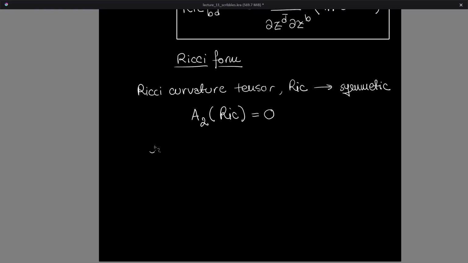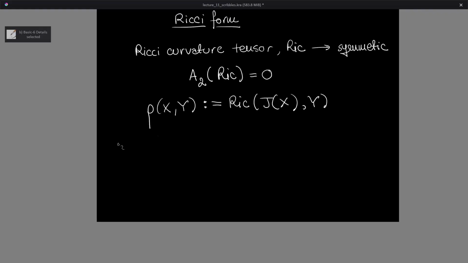What we will do is define the Ricci form rho of x y as the Ricci tensor, but where we first take the J map of the first input. This will turn the Ricci tensor from being symmetric to being antisymmetric. So then we can prove that this is indeed antisymmetric.